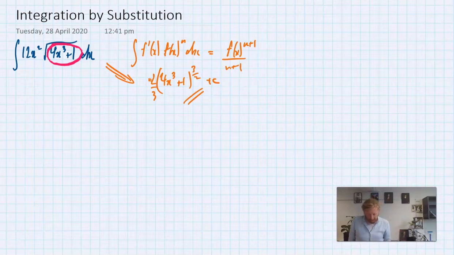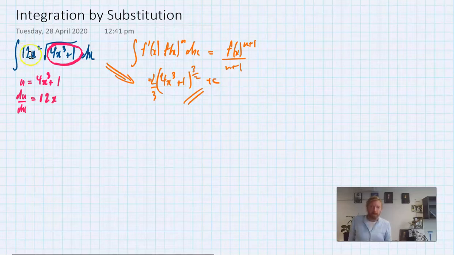If I let u equal to 4x cubed plus 1, then I know that du dx equals 12x squared. Okay, bear with me.